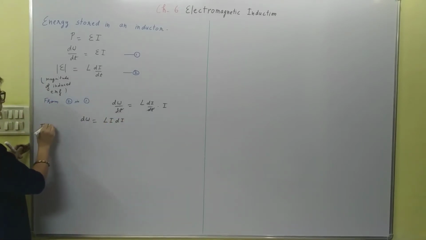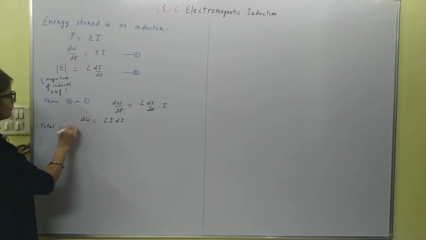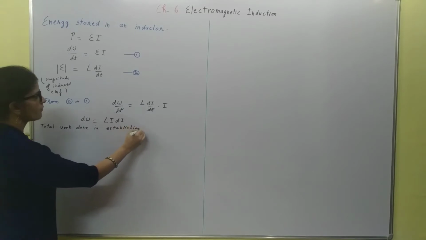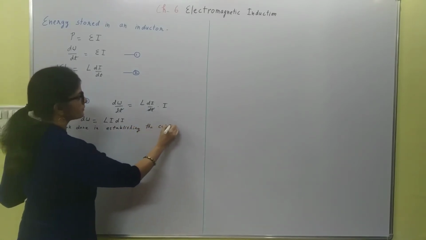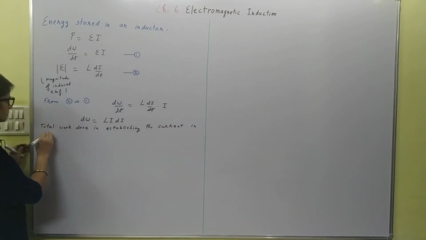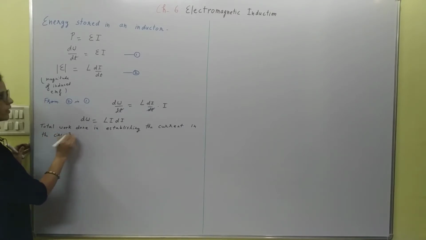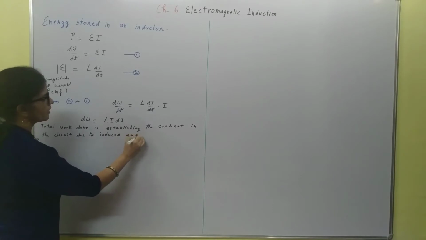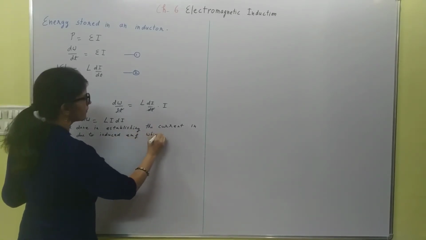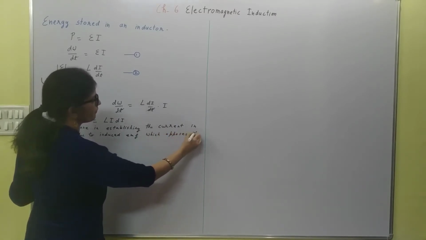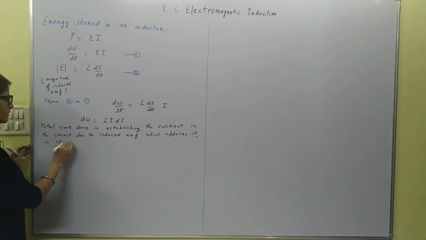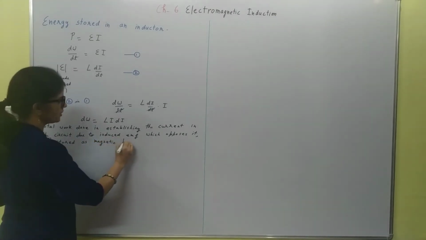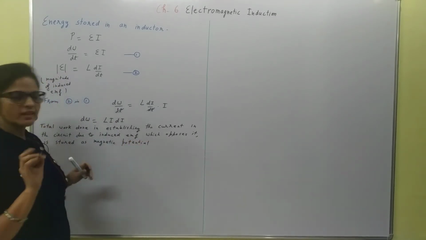So the total work done in establishing the current in the circuit due to induced EMF which opposes it is stored as magnetic potential energy in an inductor.